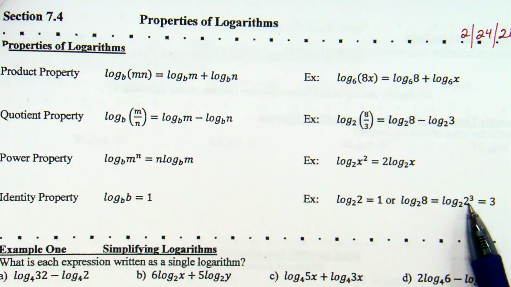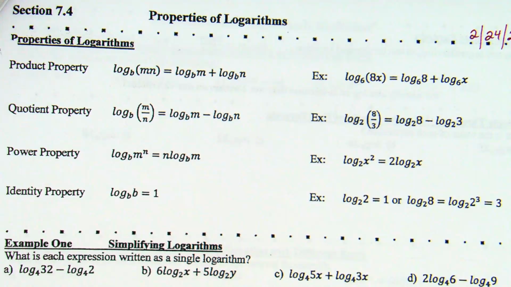So if we backtrack to log base 2 of 2, what's the invisible power there? That invisible power is 1, and that's what my log equals. This one, log base 2 of 2 to the third, equals 3. And that can be done with any power. So those are the different properties we're going to use. We're going to use them forwards and backwards, in multiple different directions.